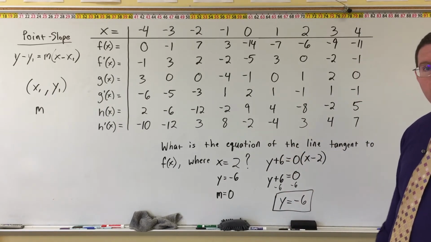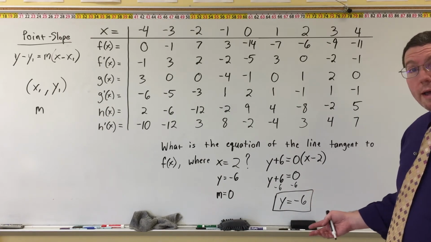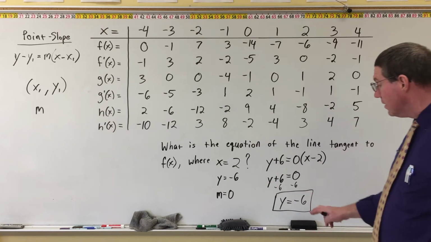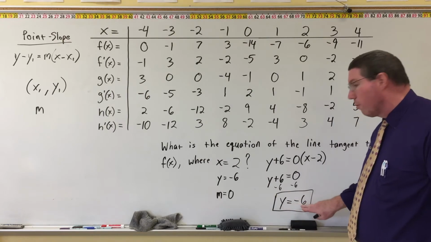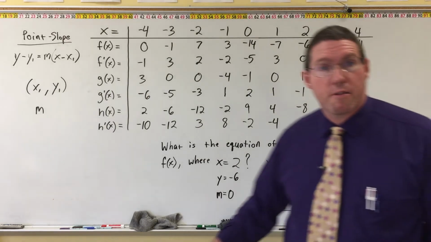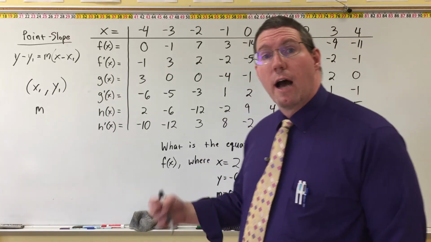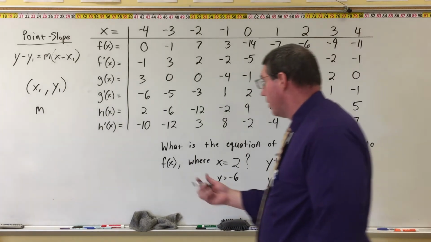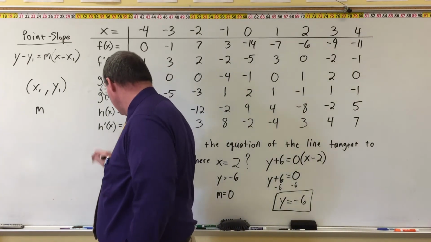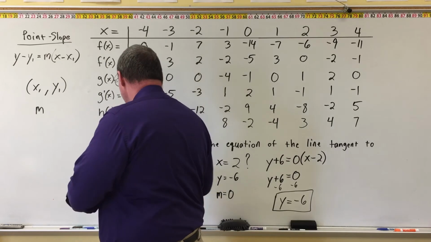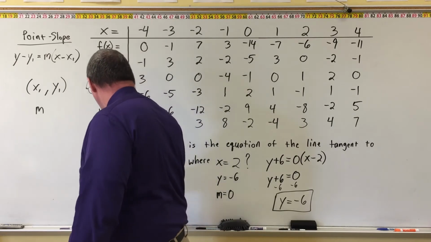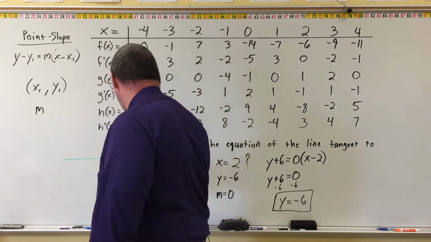Well, what does the line y equals negative 6 look like? Anytime you have a line that just says y equals a number, that's called a constant. It is a constant line, or a constant value. And so if we were to draw a coordinate plane, let's draw a y-axis and an x-axis.